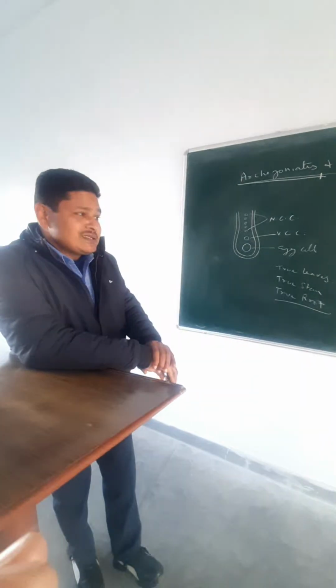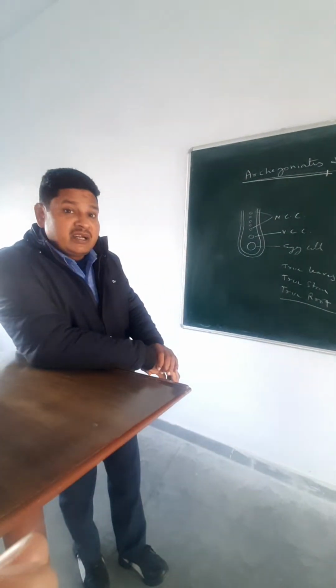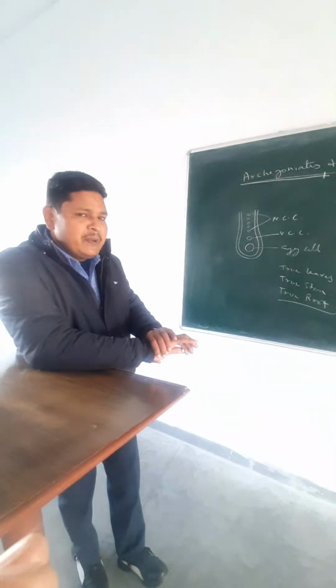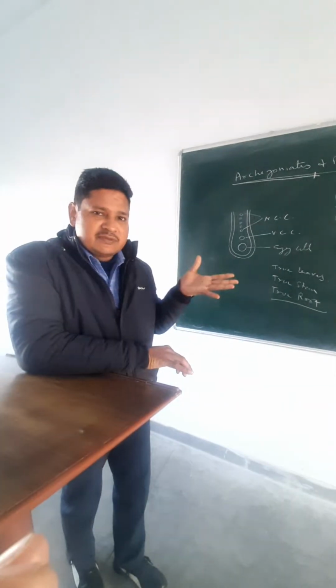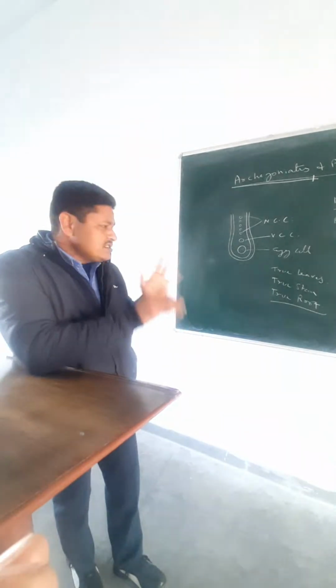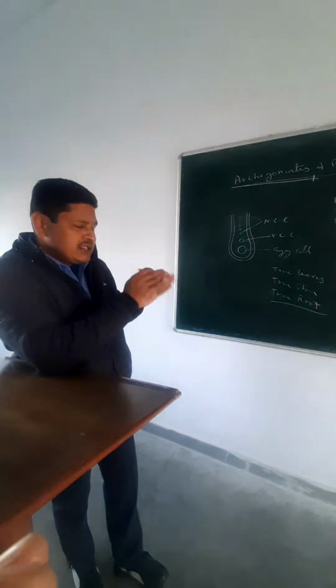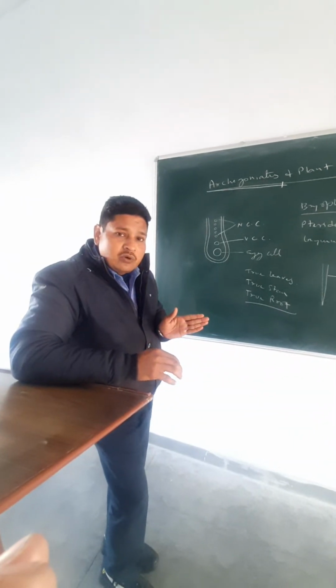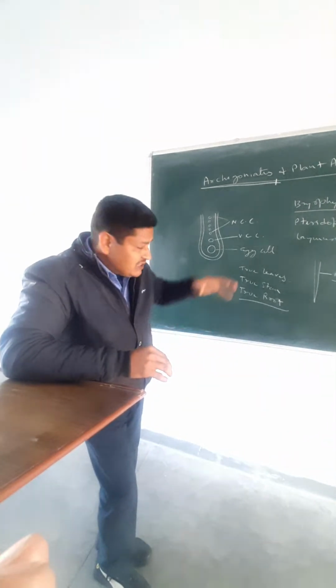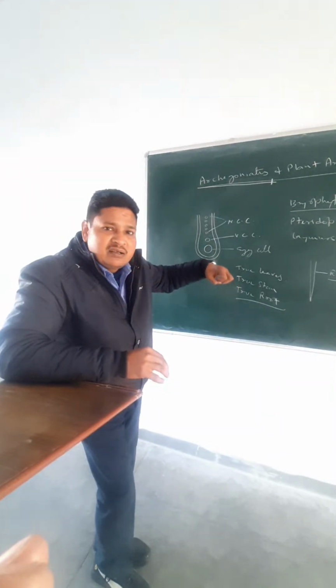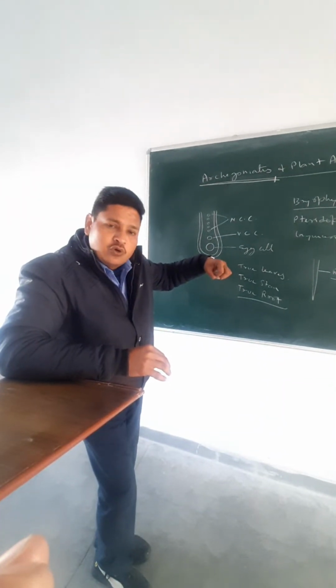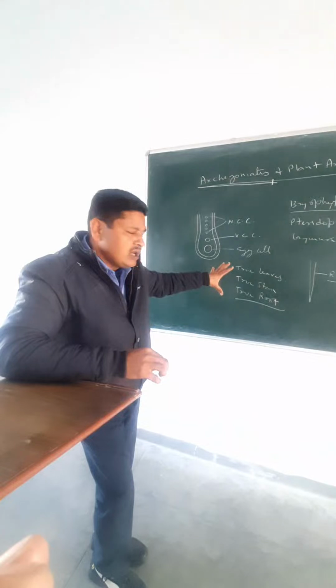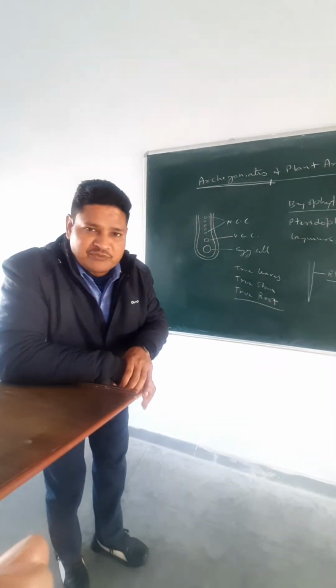Because here the sex organs are completely hidden. That is, they are not visible to the naked eye. You can see these sex organs, antheridia and archegonia of bryophytes, with the help of a microscope, because they are embedded inside the thallus. So they are placed in the cryptogams.